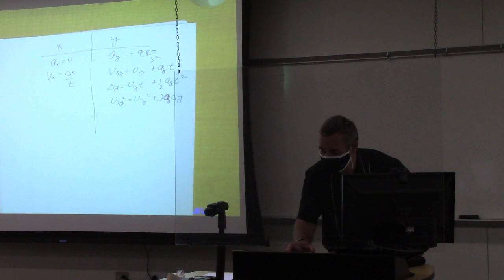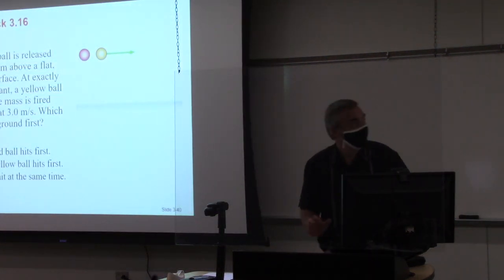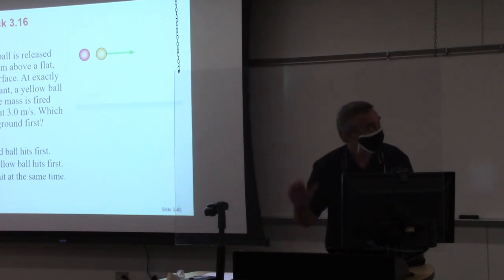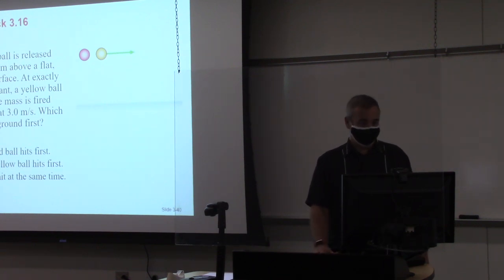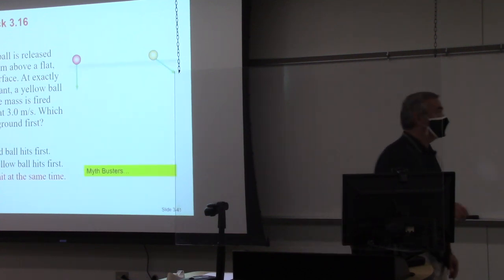So this one, you know the answer because you just watched the video. Which one hits the ground first? Now, a heavy red one versus a lighter orange colored one, the mass doesn't matter at all. So they hit the ground at the same time.